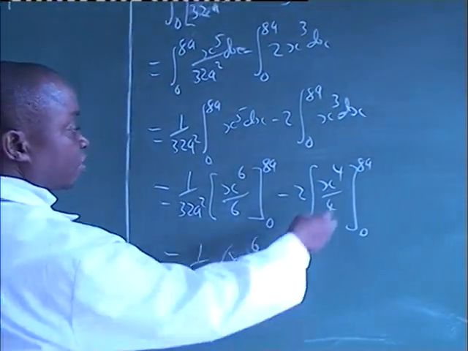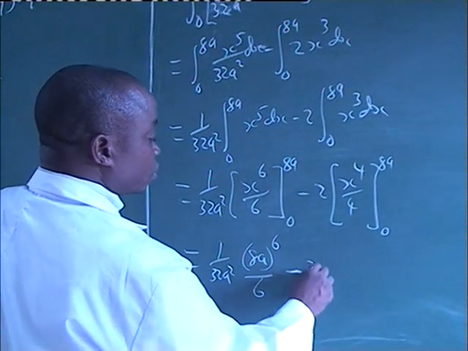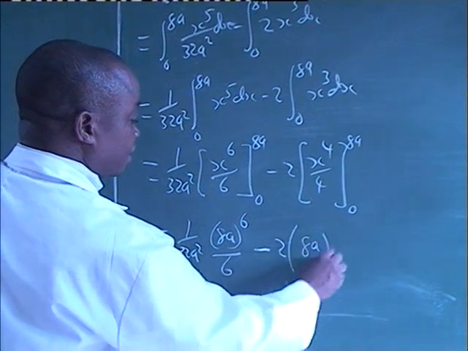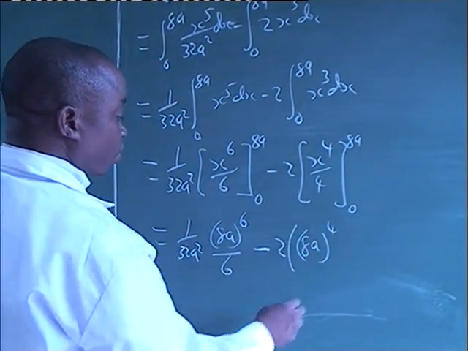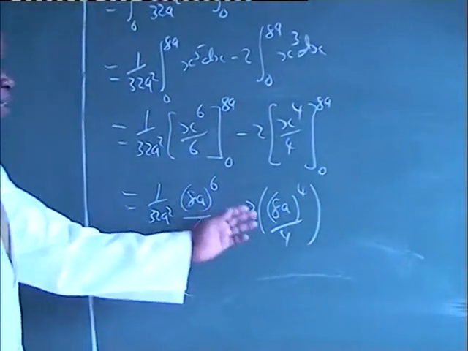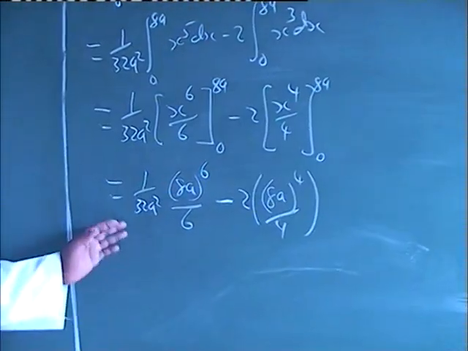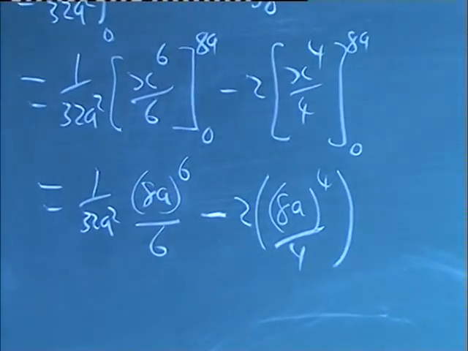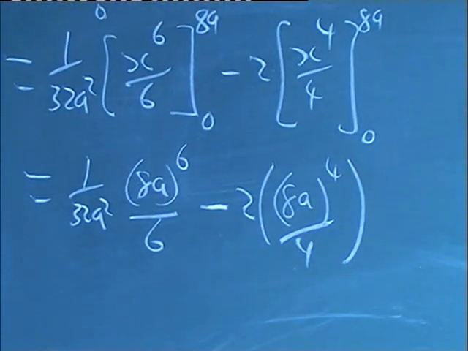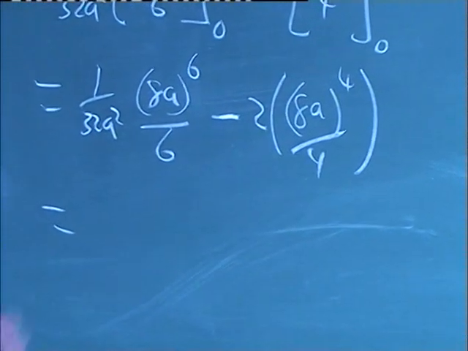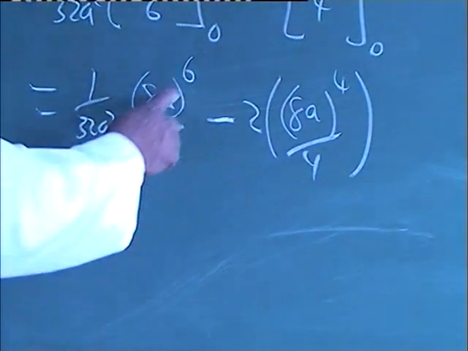Minus, if we go this way, we have 2, then we have 8a raised to the power 4 over 4. So if we take the limit, it will also be 0. Now see, everything now is in constant form. So everything becomes constant. Now, this is the same as 8 raised to the power 6, a raised to the power 6.